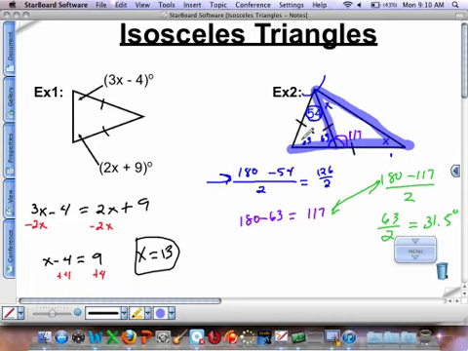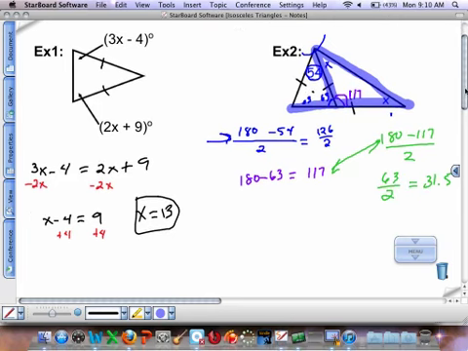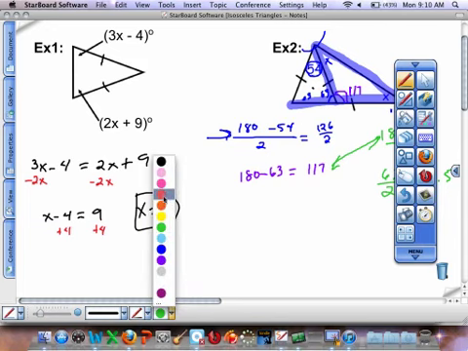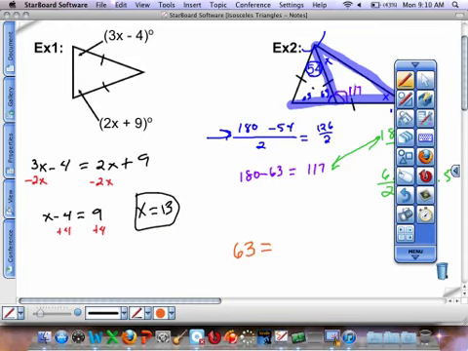Okay? And what did we talk about with exterior angles? It's equal to the opposite interior angles. So that means that 63 is equal to x plus x. And therefore 63 is equal to 2x. So guess what x is?